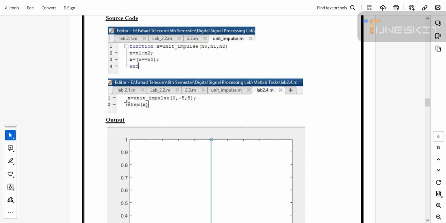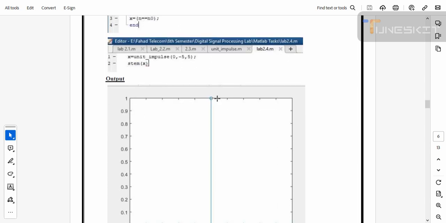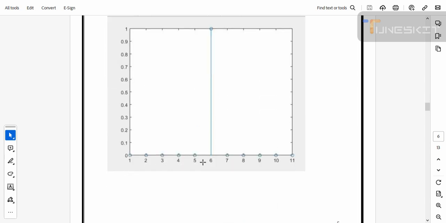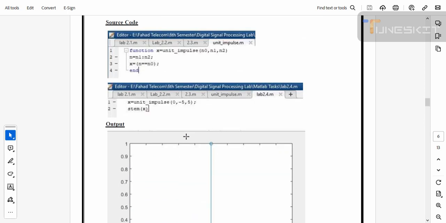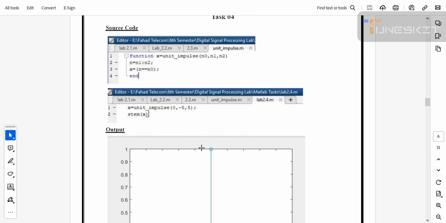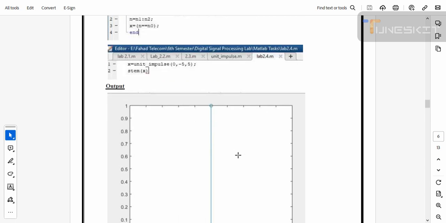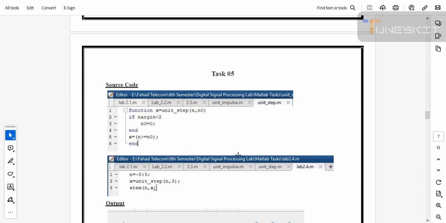While putting the values for calling the function, we assume that n0 is equal to 0, n1 is equal to -5 and n2 is equal to 5, and we are using the stem command to plot this function. When we simulate this code, only one line is obtained, which describes that it is a unit impulse, because in a unit impulse we have only one line.